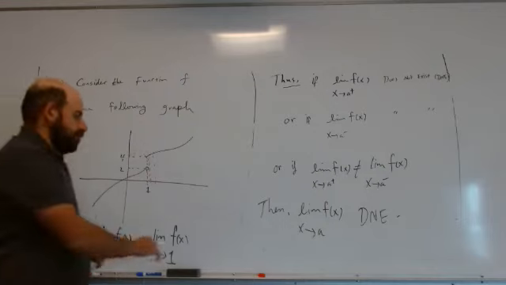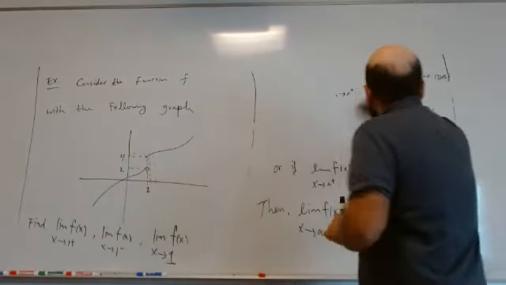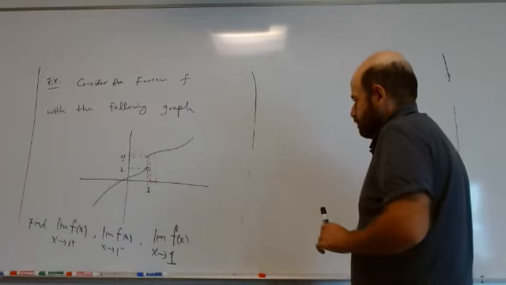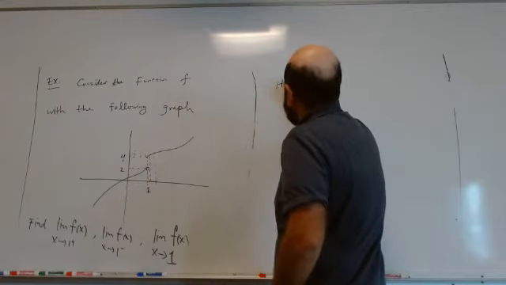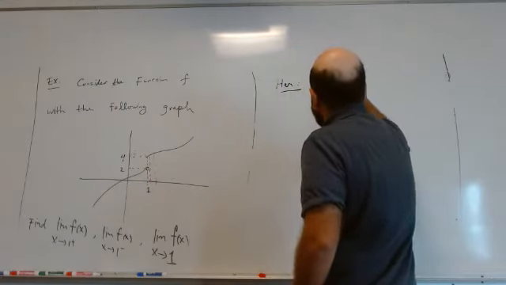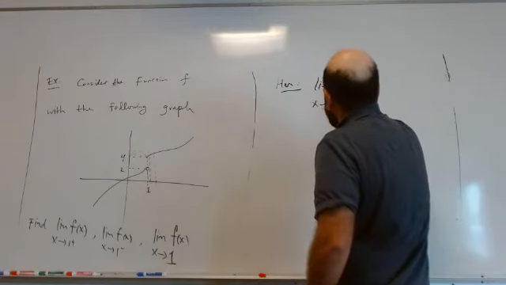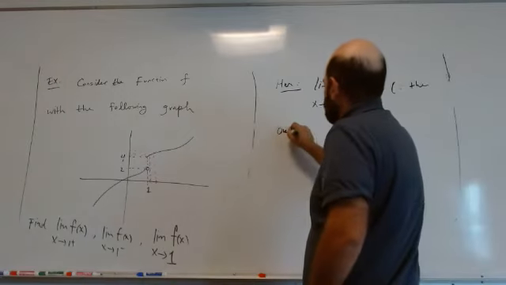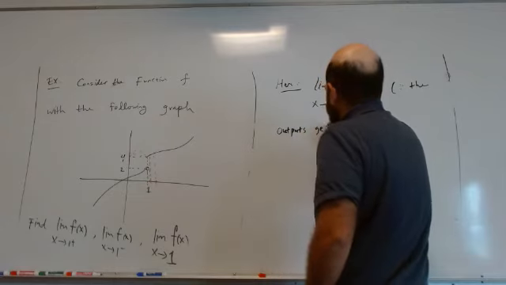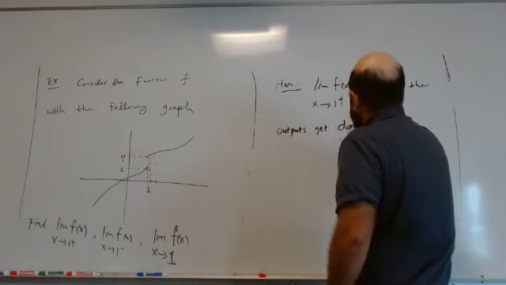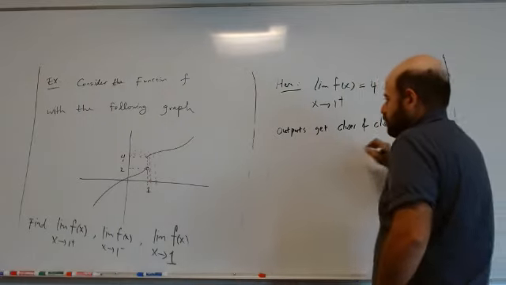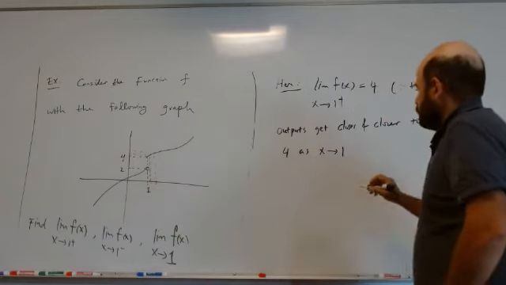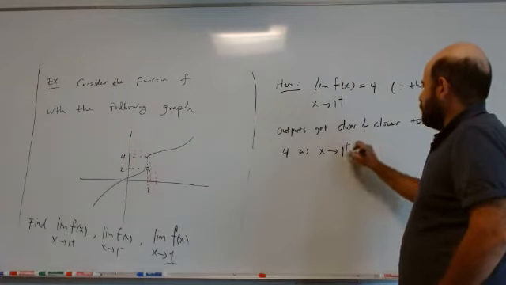So the right limit is 4. So here, the limit as x approaches 1 from the right is 4, because the outputs get closer and closer to 4 as x approaches 1 from the right.